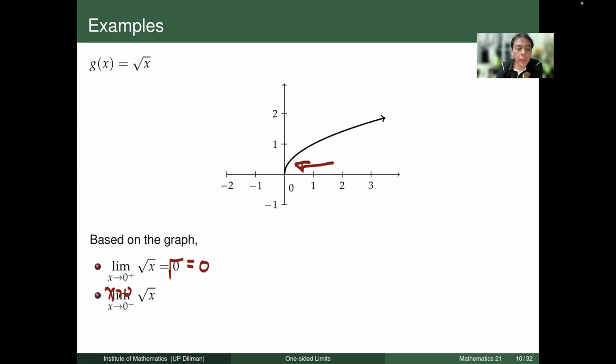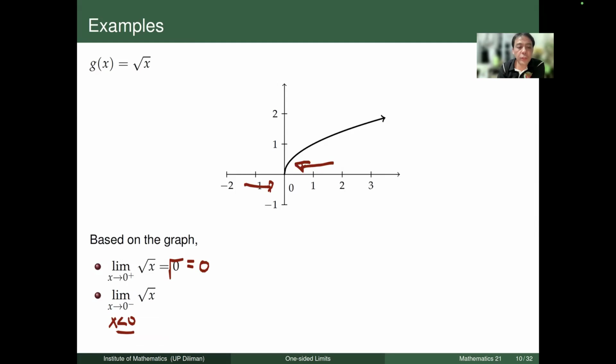Okay? On the other hand, what is the limit as x approaches 0 from the left? So x must be less than 0, so it's a negative number. So coming here in the graph, there is no graph, and the square root of a negative does not exist.